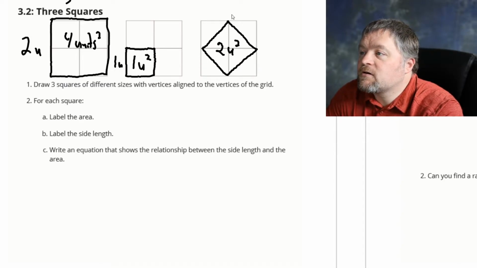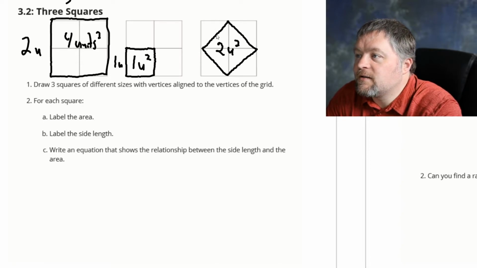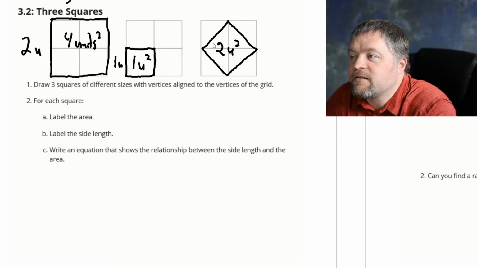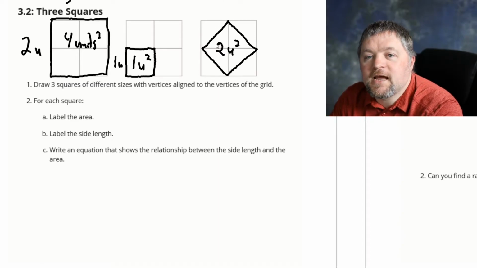What is our side length going to be? Well, it's 1 square diagonal. It's the diagonal length of a 1 unit square but what is its actual length?